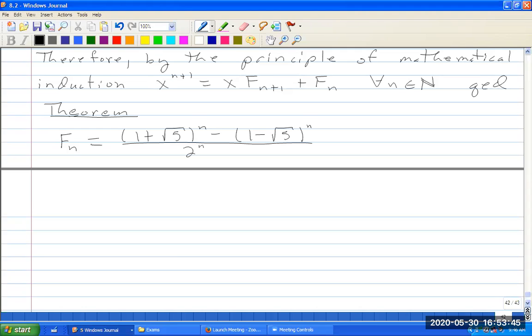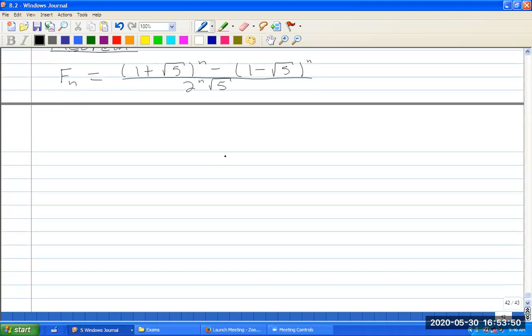Okay. Where, again, the sequence is the Fibonacci sequence.